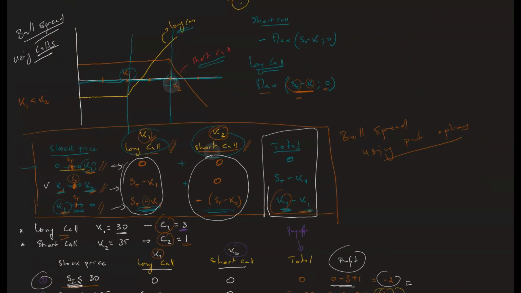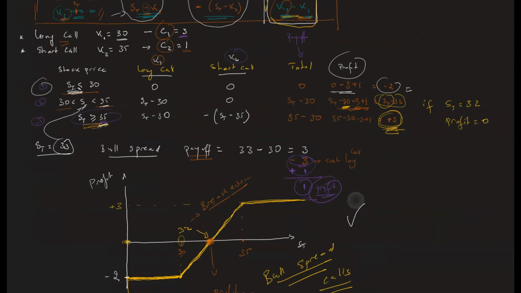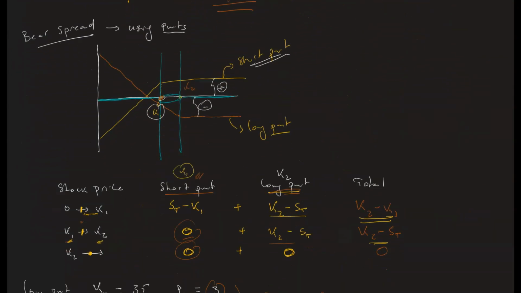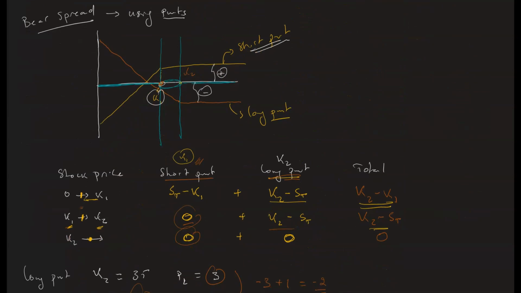This is what we looked at, bull spread using call. And this is the outcome that we had: 0, ST minus K1, K2 minus K1.